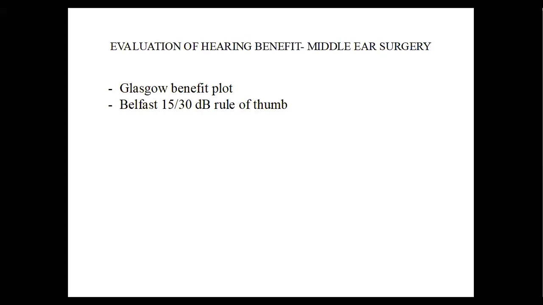I hope at least you remember the name. There are 2 grading methods. One is the Glasgow benefit plot. Another is the Belfast 15/30 decibel rule of thumb. So these are the 2 methods used to give preoperative assessment of hearing benefit post middle ear surgery.